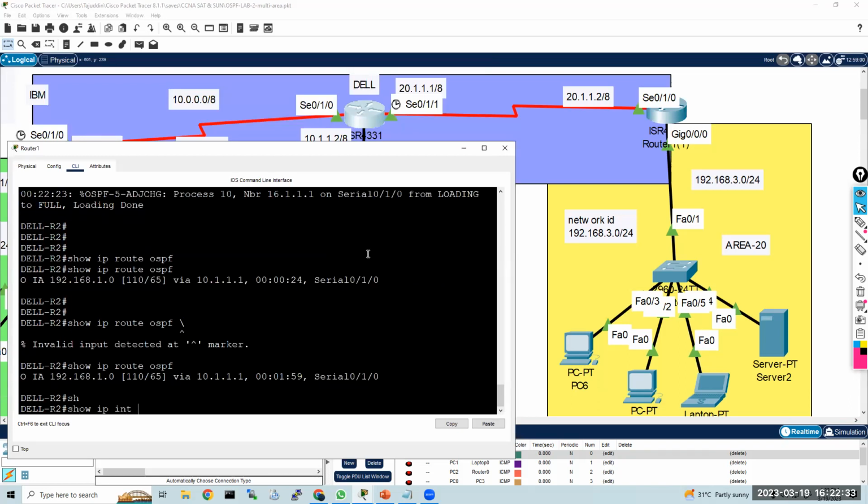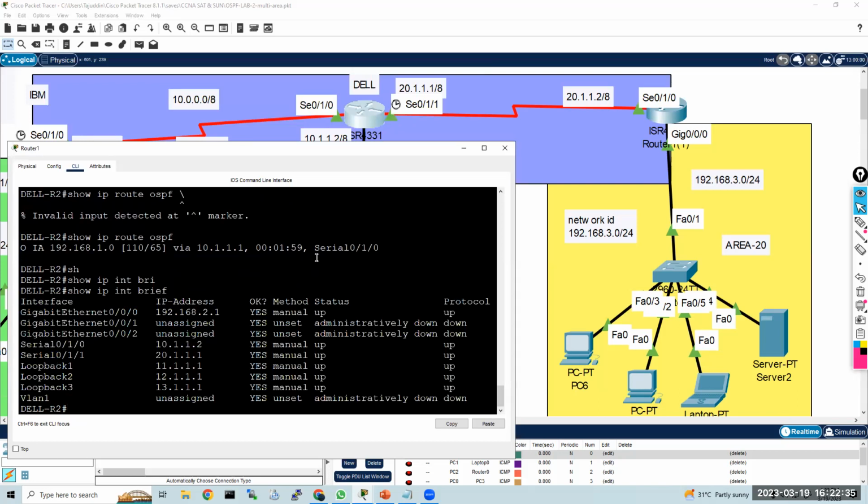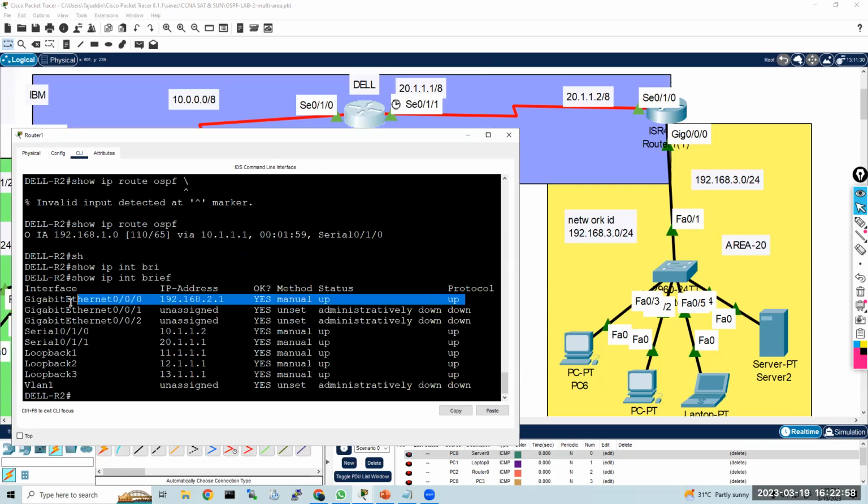Show IP interface brief. Check whether we have configured as per the topology. This is serial 0/1/1, correct. And 0/1/0 is also correct. Okay, and the IP address for gigabit is also up.